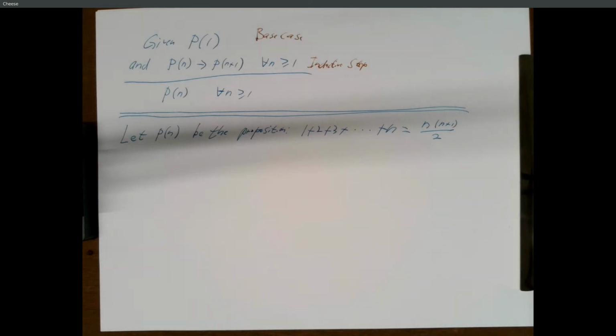So P of n is a proposition about adding up integers. And it says if you add the first n integers, you get n times n plus 1 over 2.